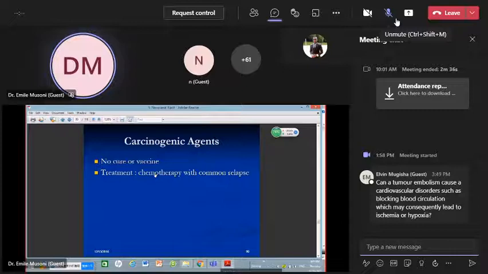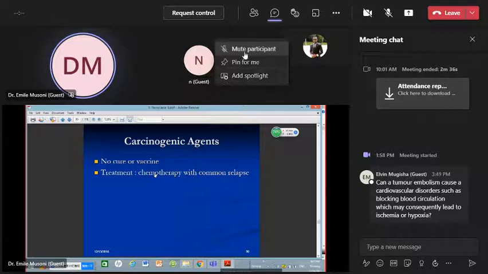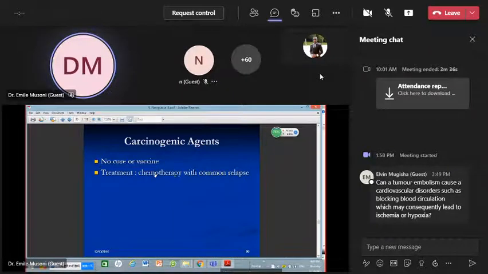But there are some cancers which are curable at early stage, depending on the type. For example, non-Hodgkin lymphoma is curable in children. Seminoma is curable. But in general, we use chemotherapy, radiotherapy and surgical treatment.